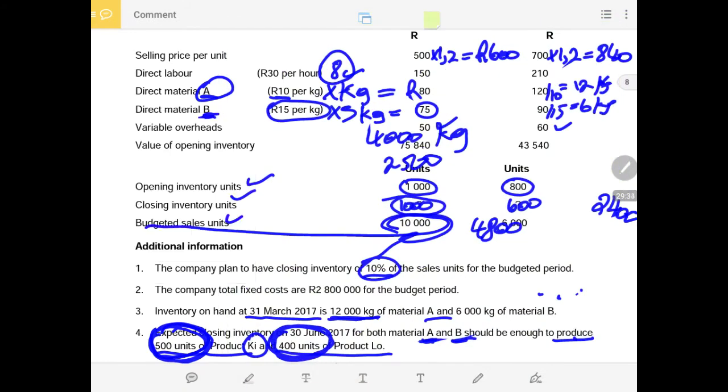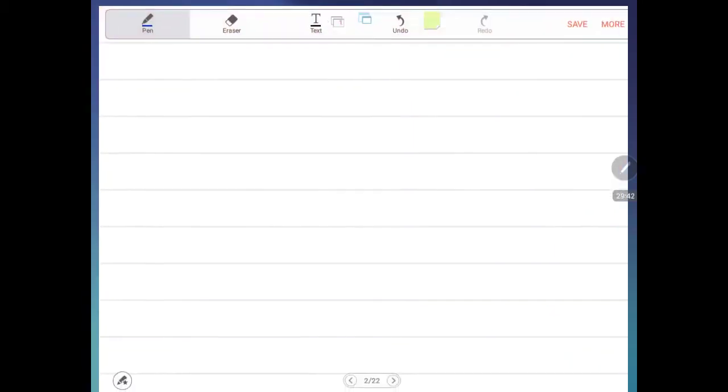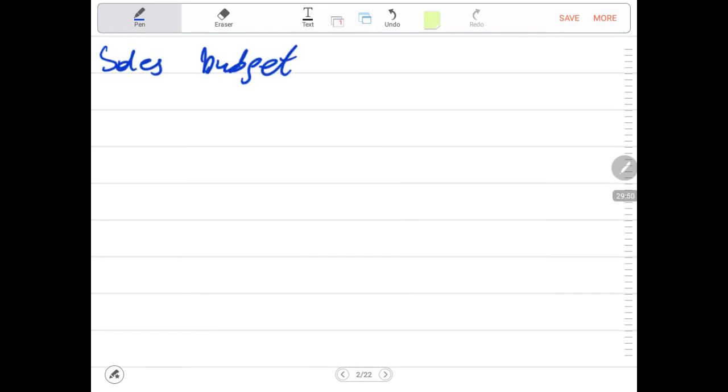Then now we go to our sales budget that we are required to do. There are two products, it is KI and LO, where we expect to sell 10,000 units.